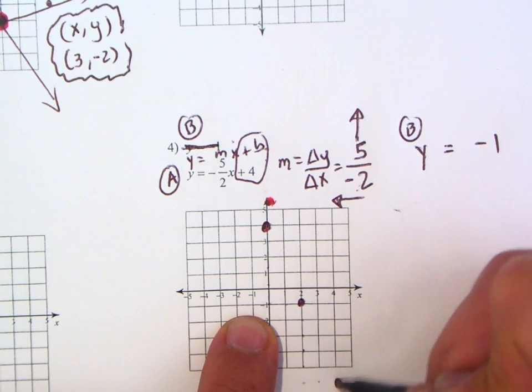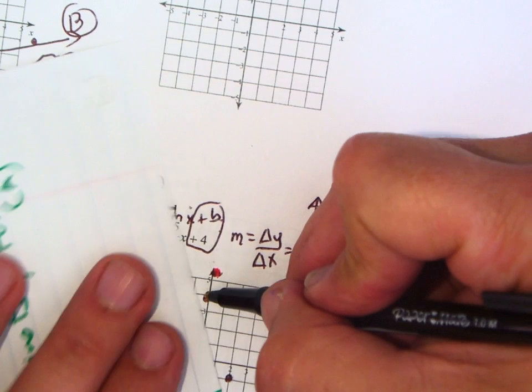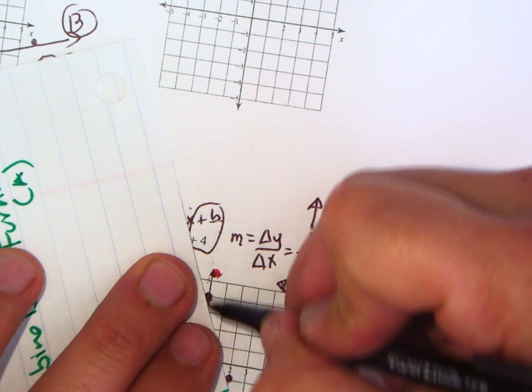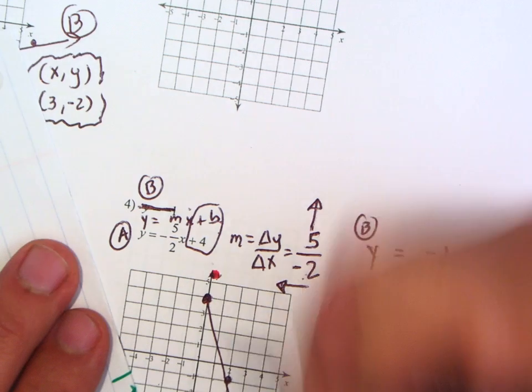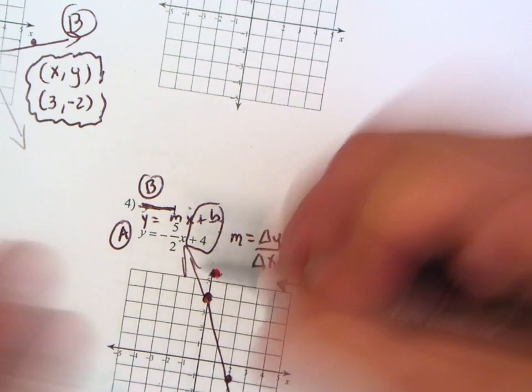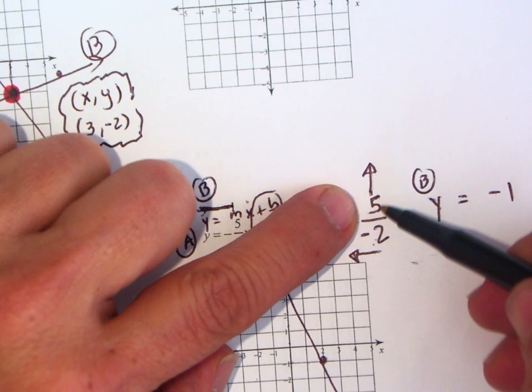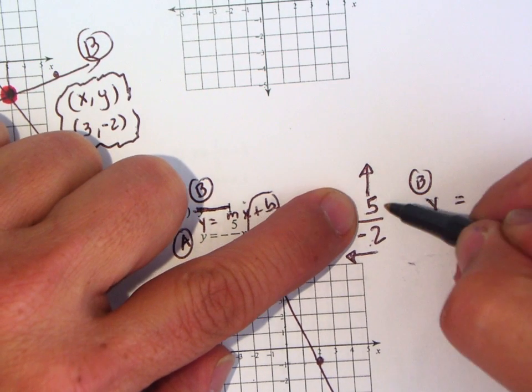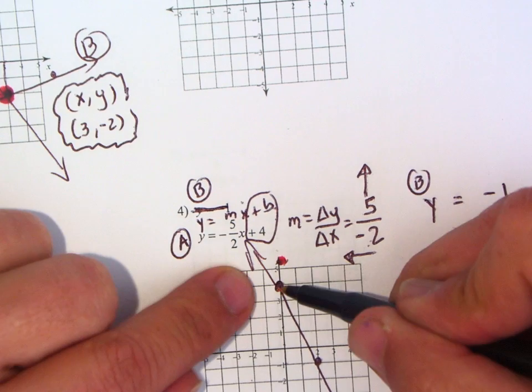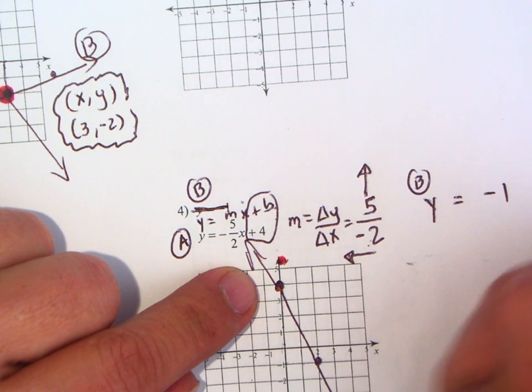So more or less, it's right there. That's why it doesn't matter where you put the negative, top or bottom, you still have to do the opposite. If I had put the negative on top, that would have been going down and then right. So again, down, right, down, right.